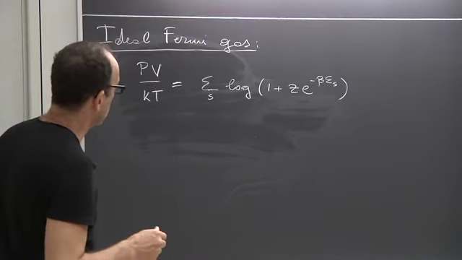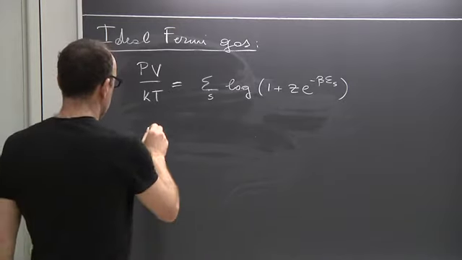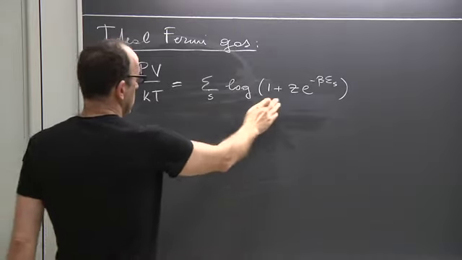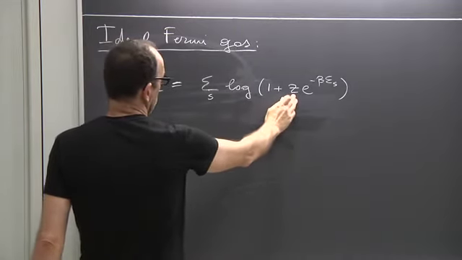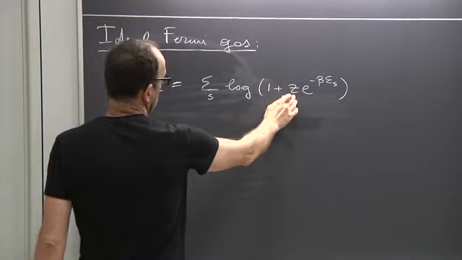And this is the grand canonical partition function, so it's a function of the fugacity.